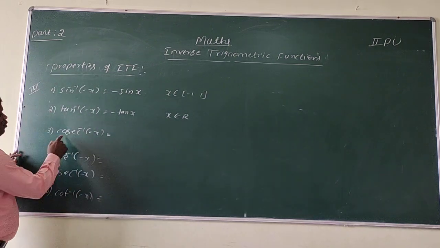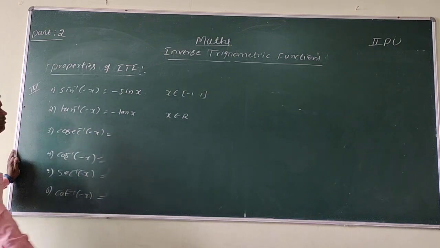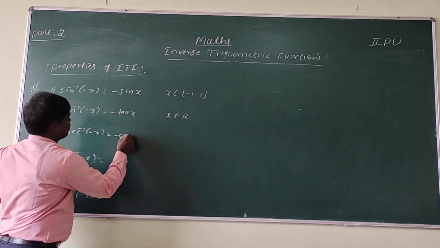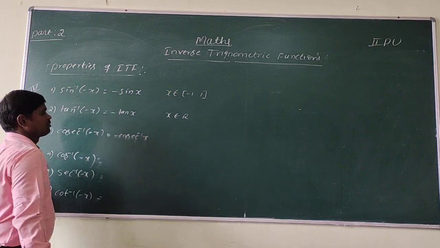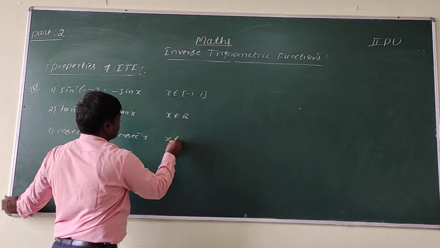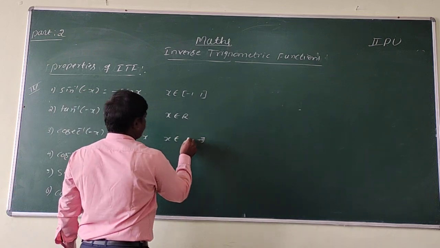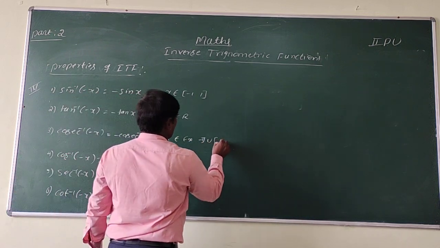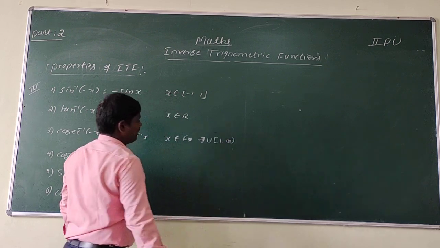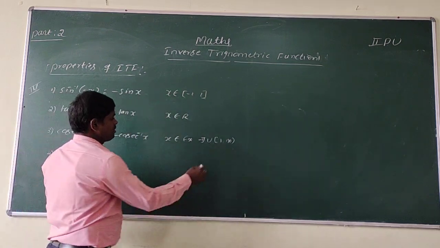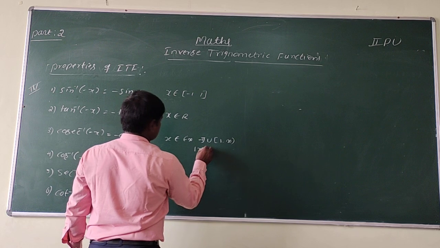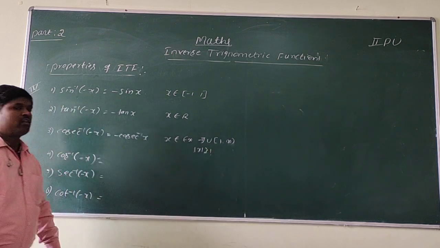Similarly, cosecant inverse of minus x is equal to minus cosecant inverse of x, where x belongs to minus infinity to minus 1, union 1 to infinity. It is also taken as mod x is greater than or equal to 1.